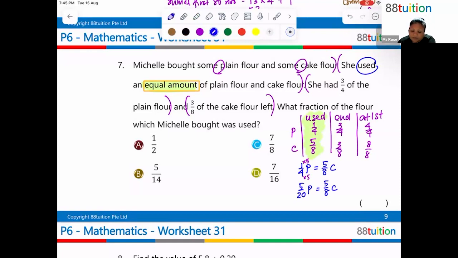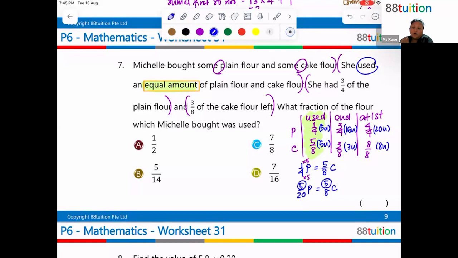So from here, what do we have? Based on this, they use the same amount of flour, right? So they use 5 units and 5 units. In the end, this will be your 20 units and 8 units.